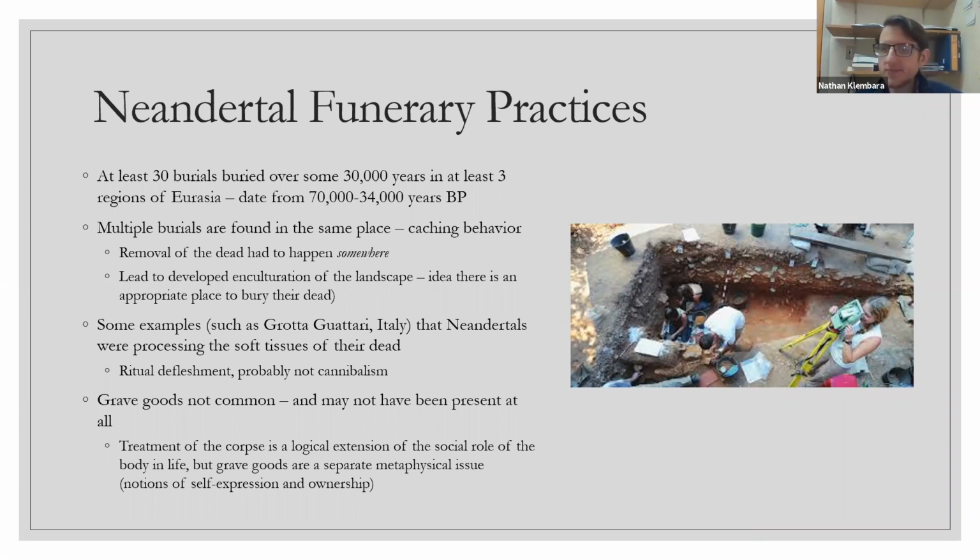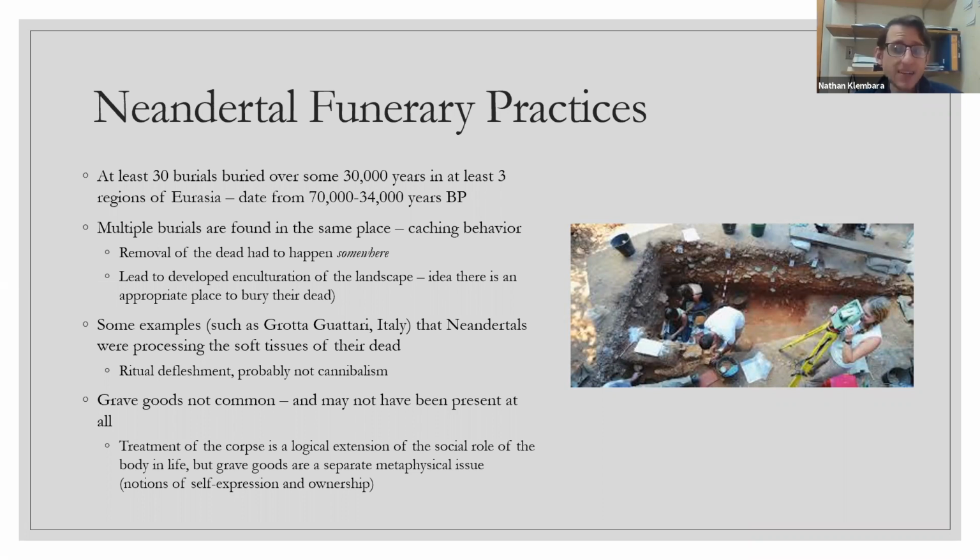We have no evidence from anything, including genetic evidence or isotope analyses, that Neanderthals were eating each other, but it was probably some kind of ritual defleshment, where part of their ritual, part of their cosmology, part of their worldview was that you needed to take the flesh off of a dead body before it can do whatever belief in the afterlife or whatever Neanderthals believed.